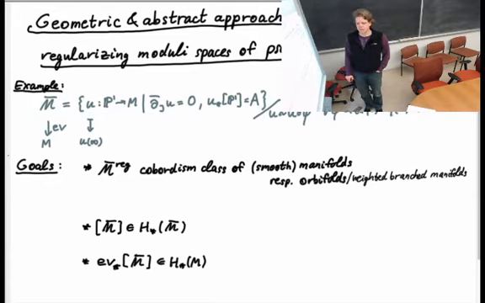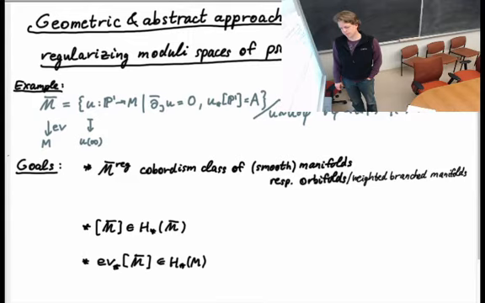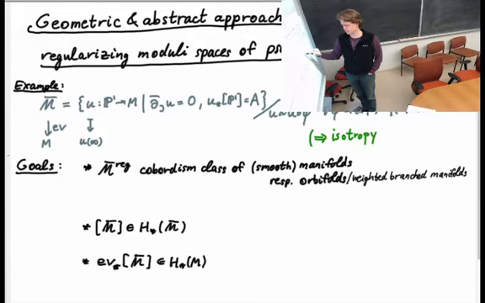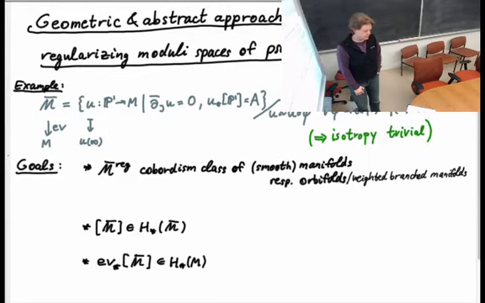So that will be my running example. Incidentally, that's also directly going to mean that the isotropy is trivial. So this will actually stay our main example.